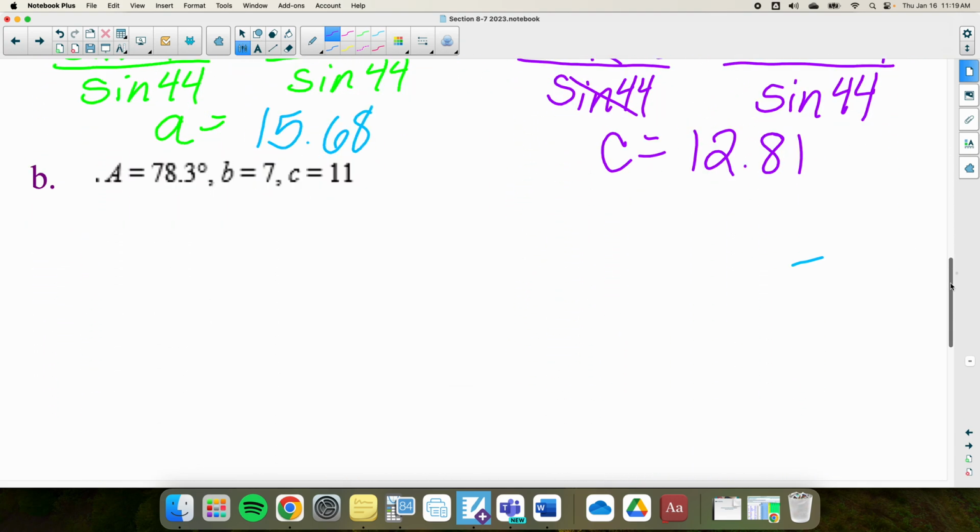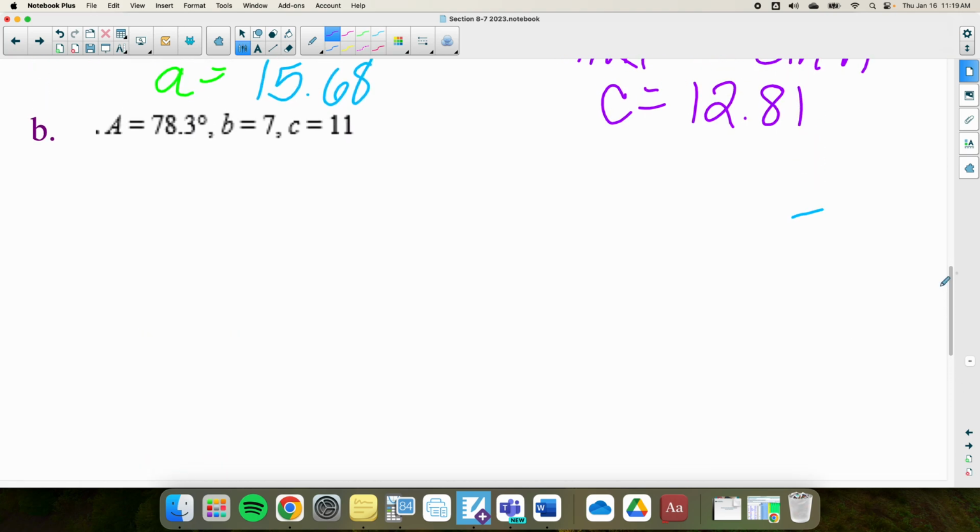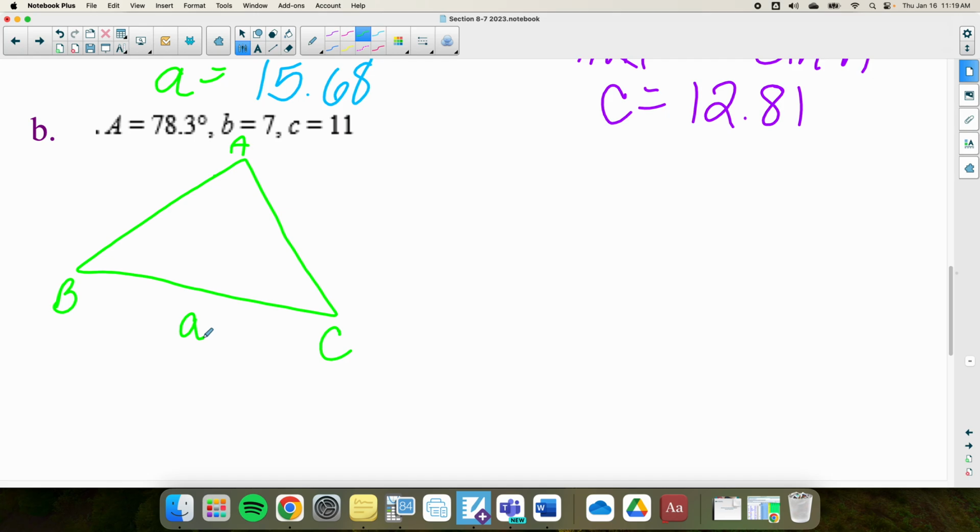Okay. Now we have one more to do. And again, when we do this, what I first look at is what is it that I need to find. So if I draw this out and say this is A, B, C, across from angle A is little a, across from angle B is little b, across from angle C is little c.